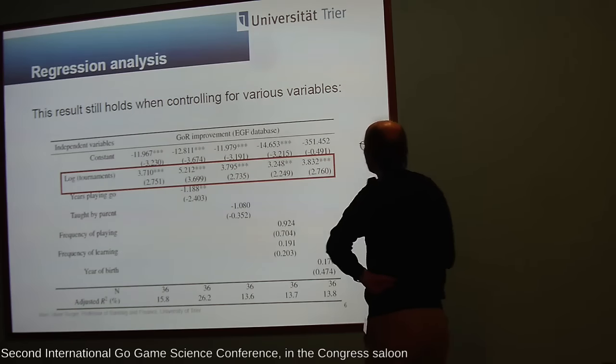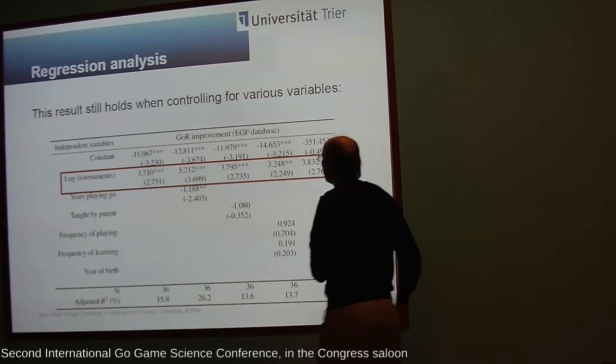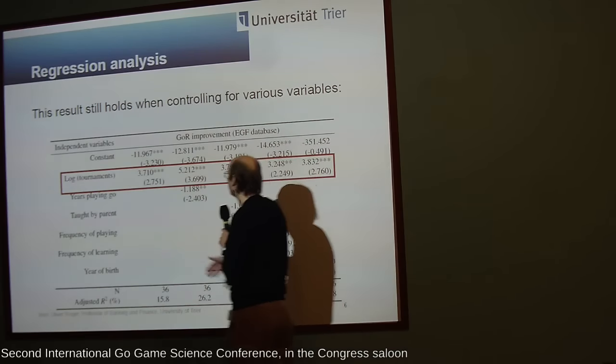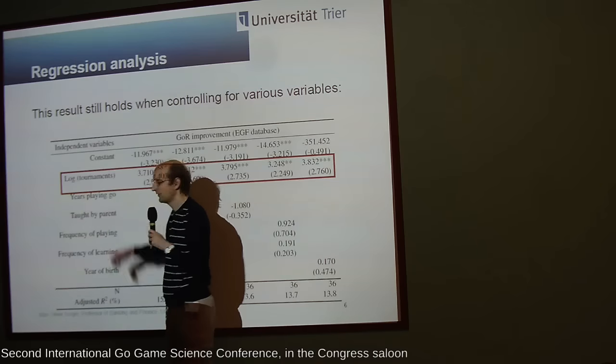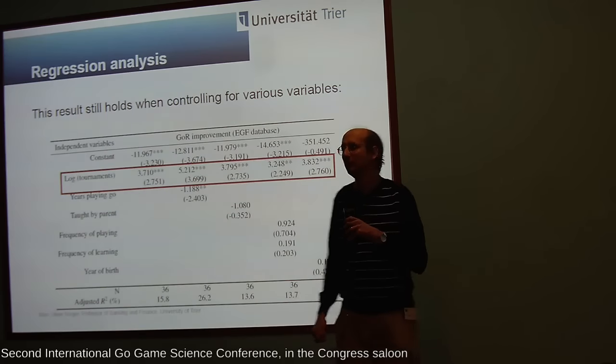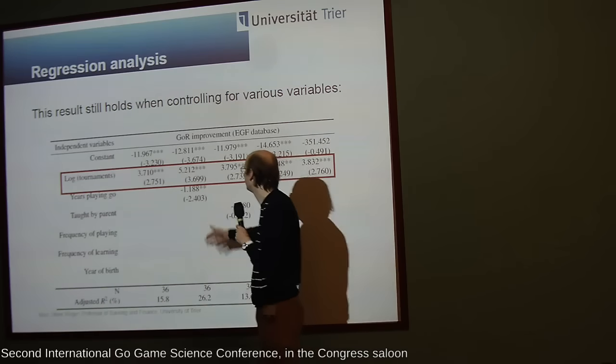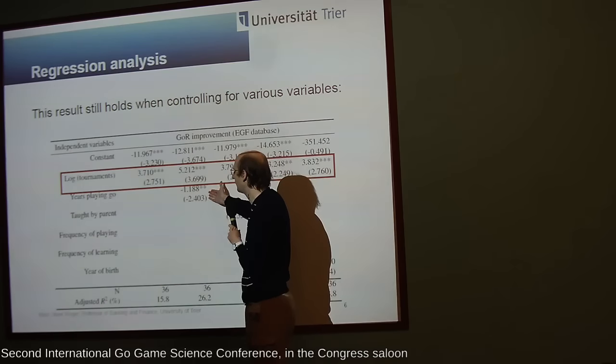Now of course, that could actually be just because some other common factors are behind it. For example, playing Go. Obviously, if somebody has already been playing for a long time, improvement becomes more difficult. And indeed, that was the case.